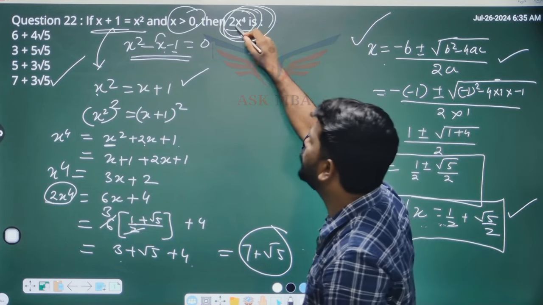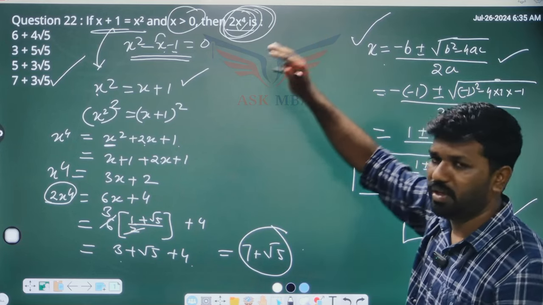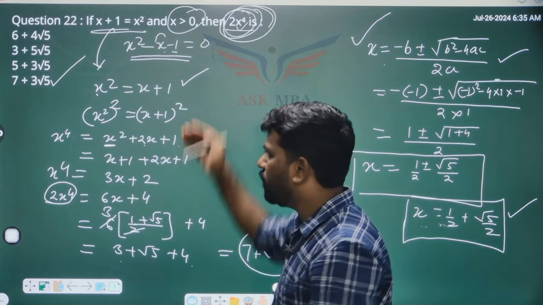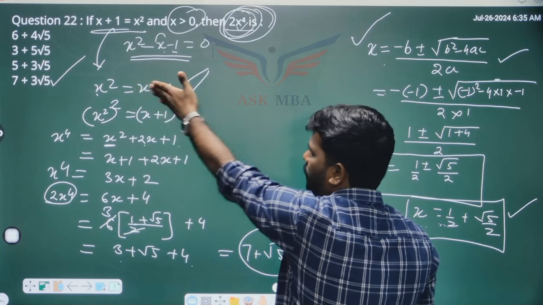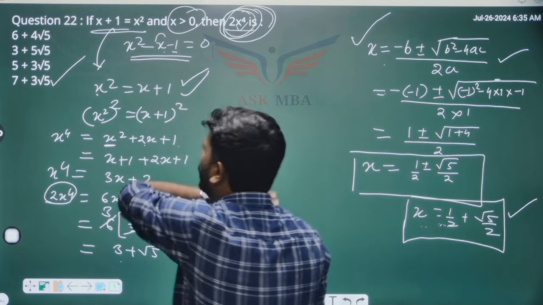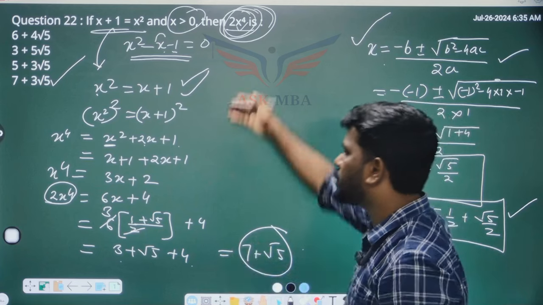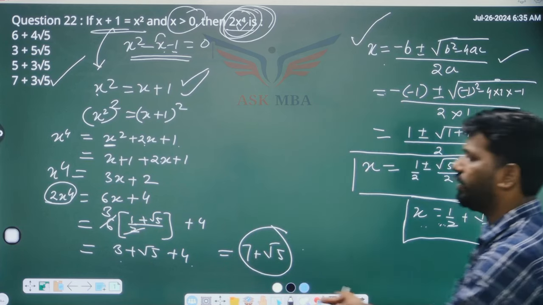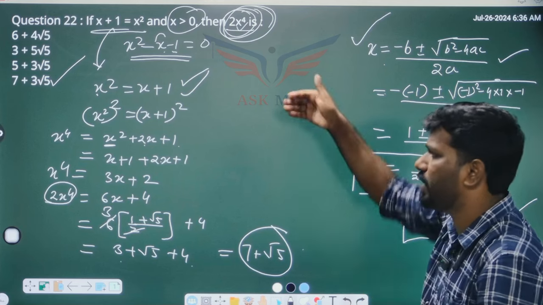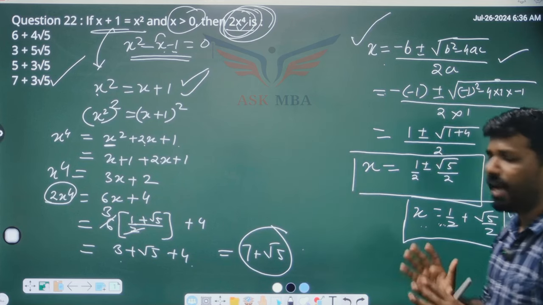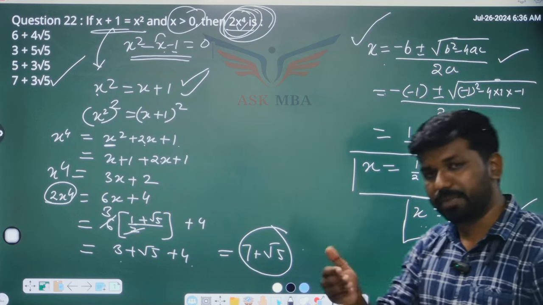If you directly use it to find 2x power 4, it can be a bit complicated. So we simplified it further using the same original equation, x square is equal to x plus 1. Just go through this equation again, whatever steps I have taken, because I have taken them step by step. You need to understand what steps I am taking. So this is your quadratic equation that comes from algebra.